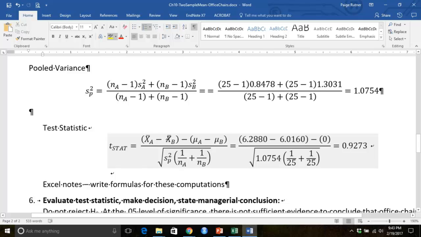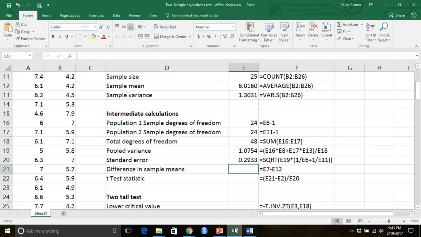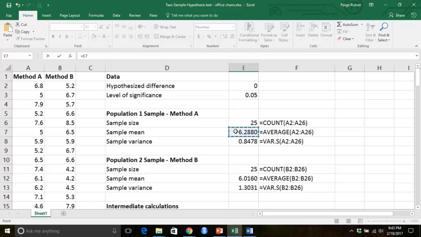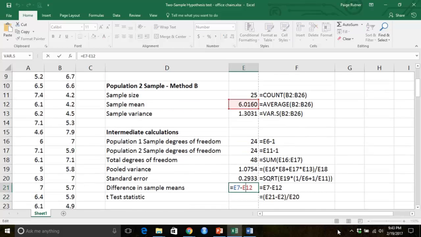And so that becomes part of the numerator for my test statistic. This is just an easy computation: I'm taking the mean of sample 1 and subtracting the mean of sample 2. And you can see that just comes out to be E12.